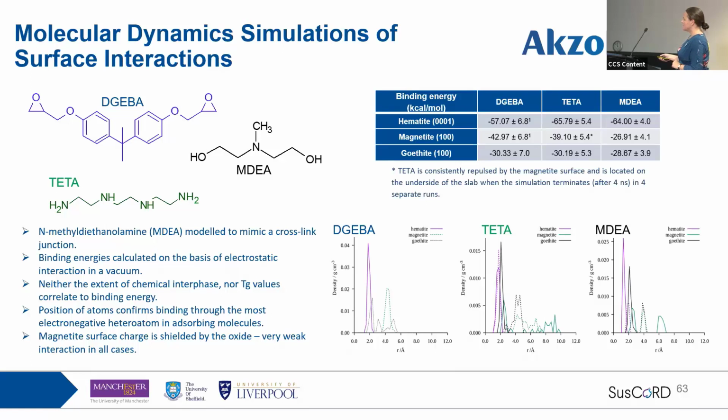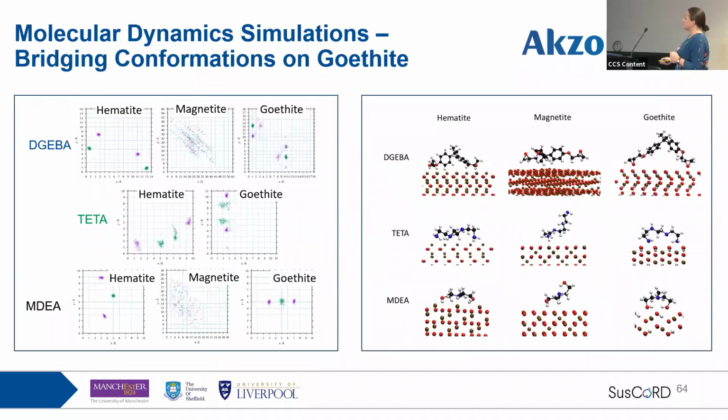And the same for MDEA, we have the hydroxyl oxygen bound really tightly and closely to the surface, but then the tertiary amine nitrogen is much further away. And that really indicates we've got these kinds of bridging formations, which should be very, very unfavourable. This simulation is happening in a vacuum, so protruding out into the vacuum is never energetically great.